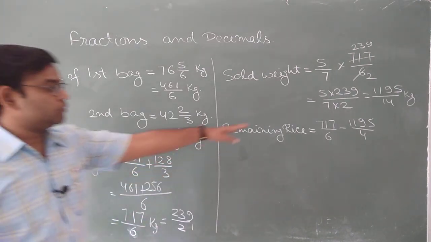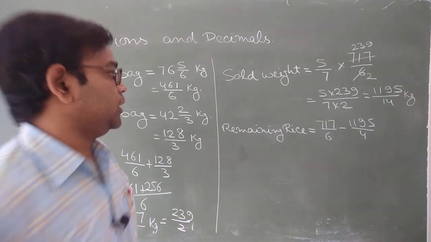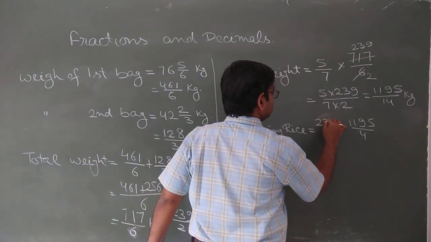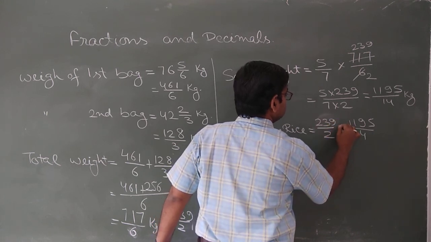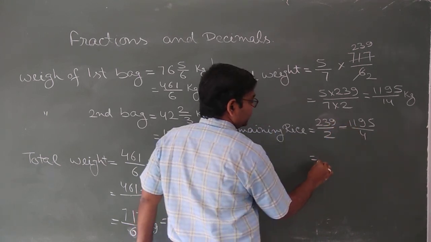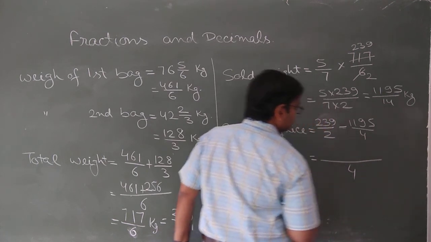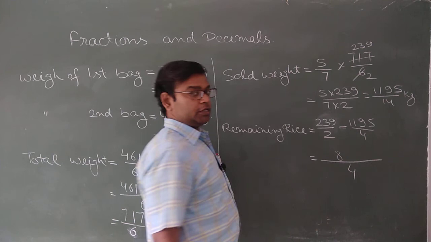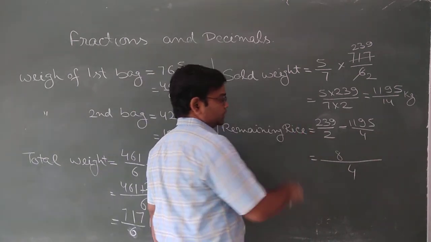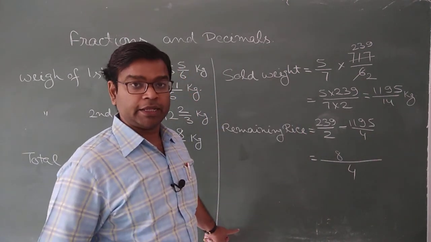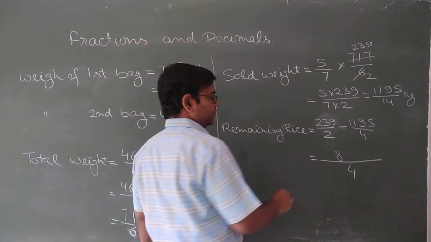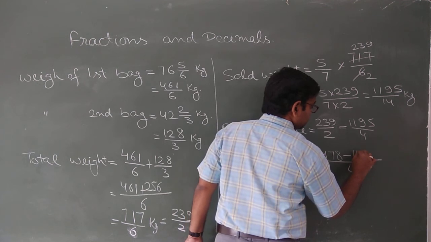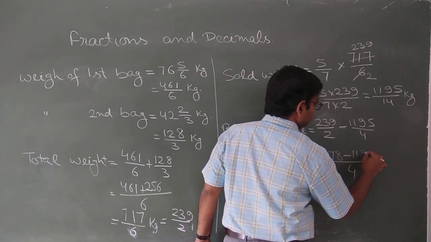So we can write 239 by 2 at this place so that it's easier for us to solve. 239 by 2, this one, whenever we simplify, 2 nines are 18, 1 carry, 2 threes are 6, 6 plus 1 is 7, and 2 twos are 4, 478 minus 1195 by 4.